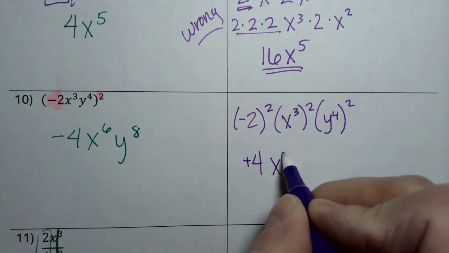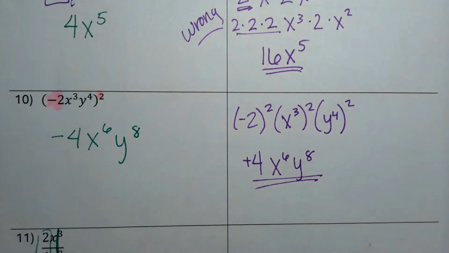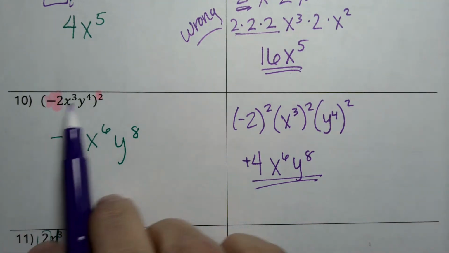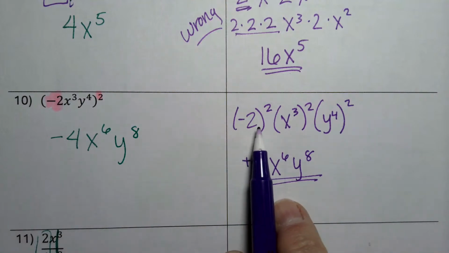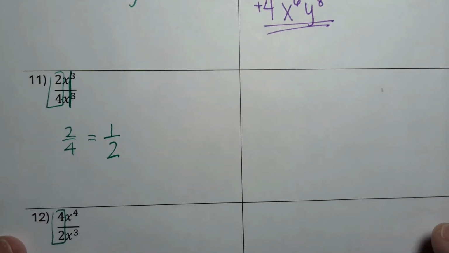And then this is x to the 6th, y to the 8th. This is the correct answer. So it's pretty subtle. If that was a quiz, I would have done half credit on that. It's just a sign mistake, a little more than a sign mistake if you don't understand that negatives times negatives are positive.